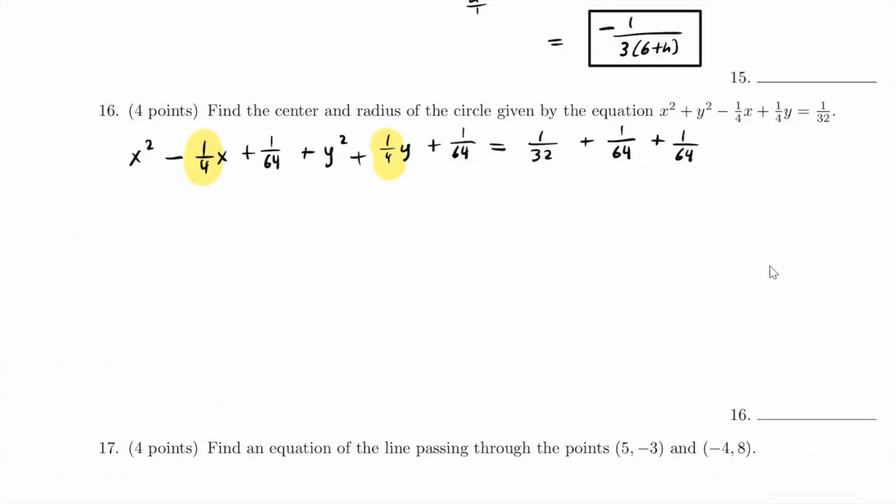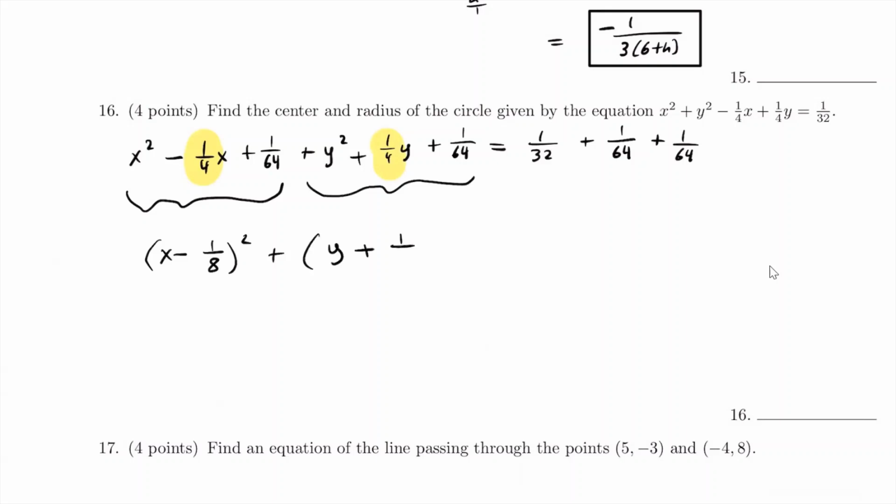And now let's write them into perfect squares. So this is x minus 1 over 8 squared. And the y part is going to be y plus b over 2, so y plus 1 over 8 squared, is equal to, now these we can just combine them.